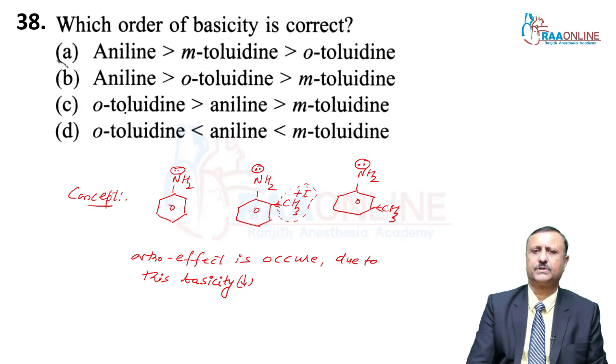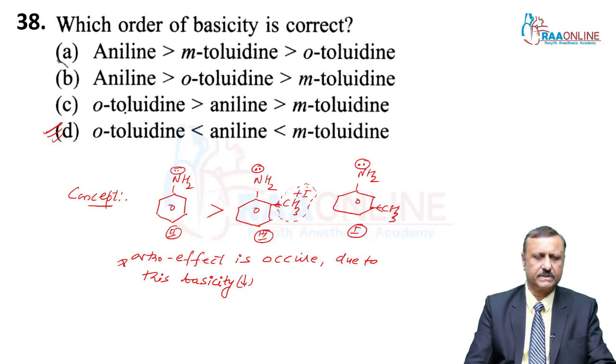You can say that the nature of this group is changed. That's why meta is more basic than aniline, and aniline is more basic than orthotoluidine. So you can go with answer D for 38. The answer is D: number 1 metatoluidine, number 2 aniline, and number 3 orthotoluidine, due to this ortho effect.